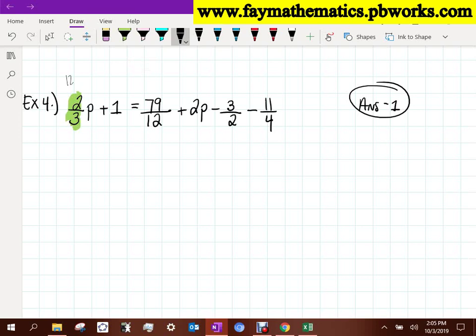Well, if I do that, I'm going to get 12 over 1, right? That's what I'm multiplying by, 12 over 1 times 2 over 3. What's 12 times 2? 24. What's 1 times 3? 3. So when I do that multiplication, guys, I really get 24 over 3. Well, what's 24 over 3 reduced to? 8, right?